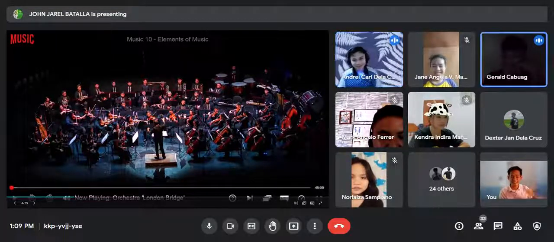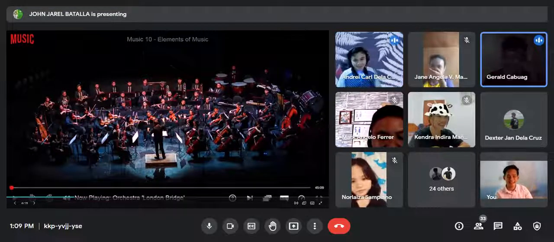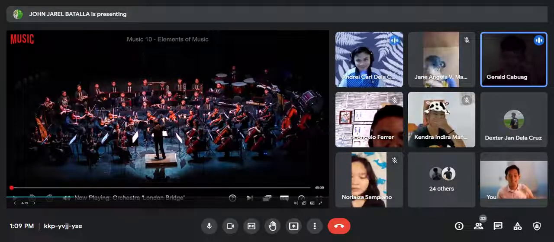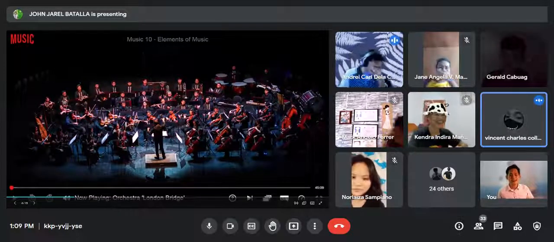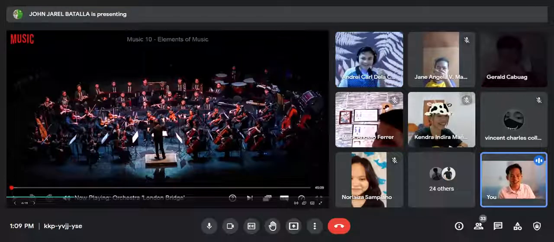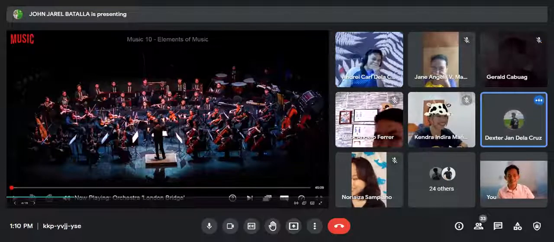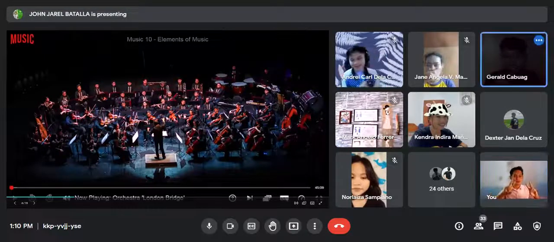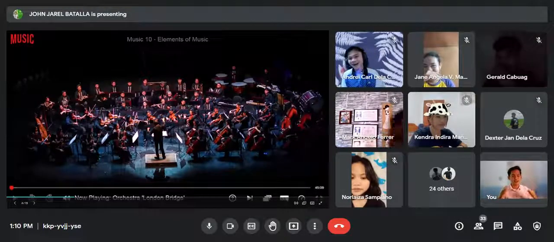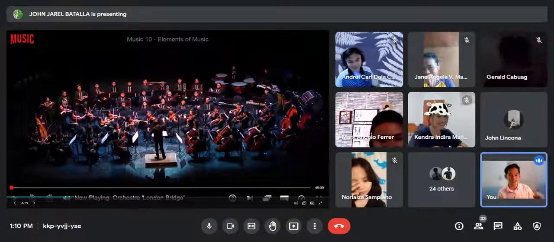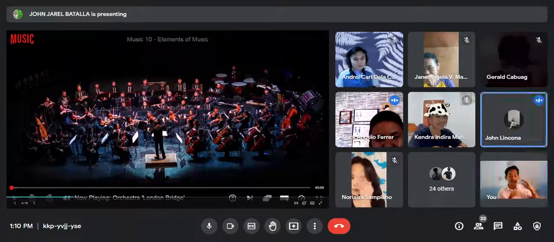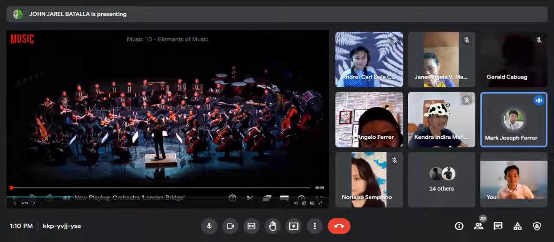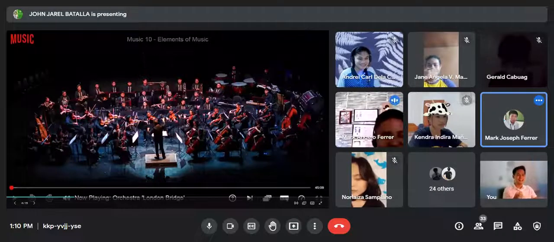Piano, piano, piano, pia, pia, piano, pia, pia. Okay, very good. Let's have group 2. 1, 2, 3. Gitara, gitara, gitara.